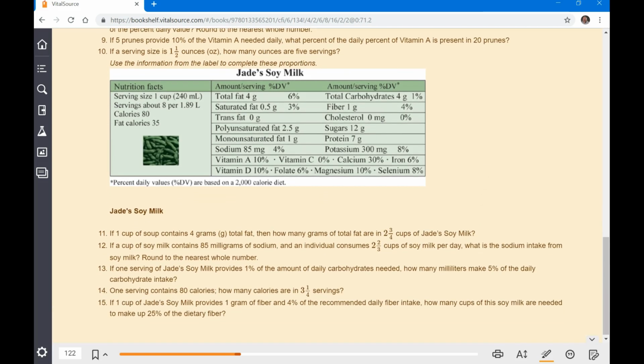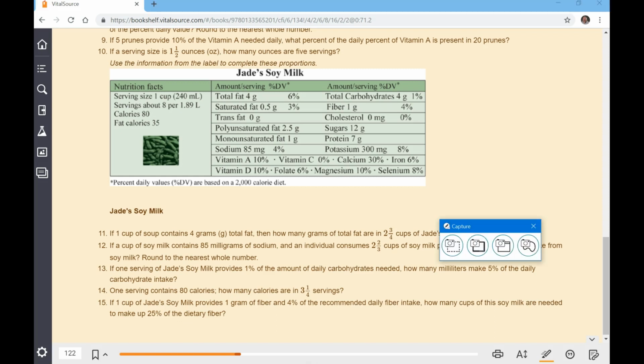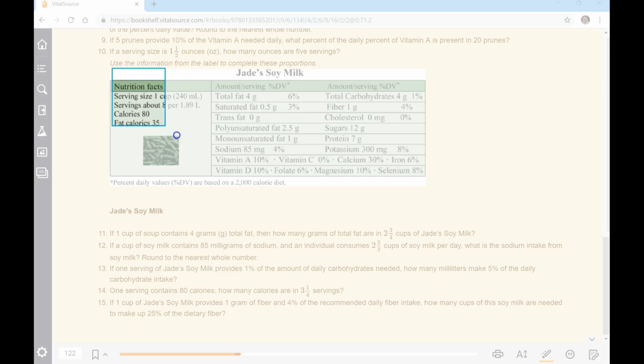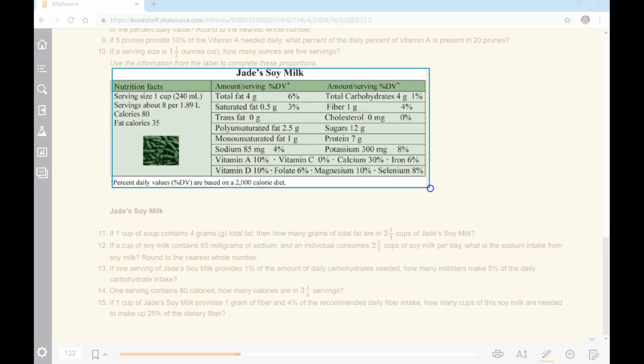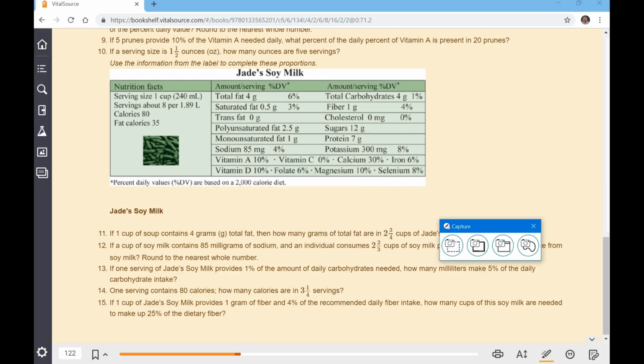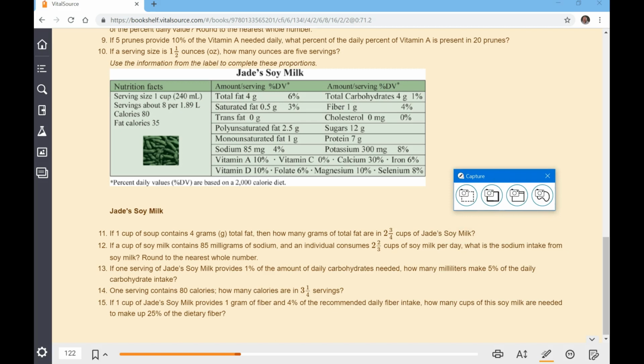Let's do one more from Jade's soy milk. Let's have a look at 14.